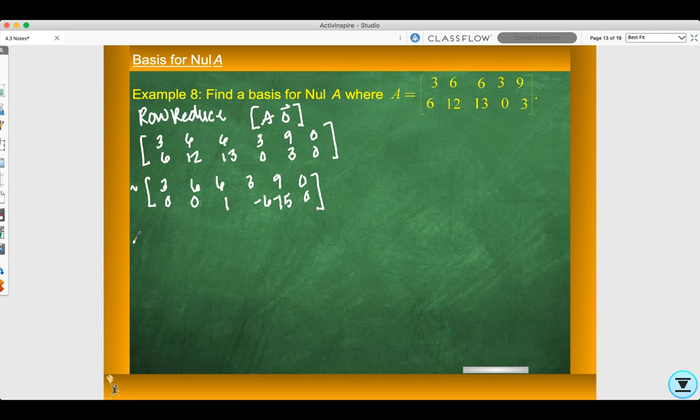Then I would take 1/3 row 2. You get 1, 2, 2, 1, 3, 0. I didn't do anything to row 1. And then the last thing I would do is take negative 2 row 2 and add it to row 1.